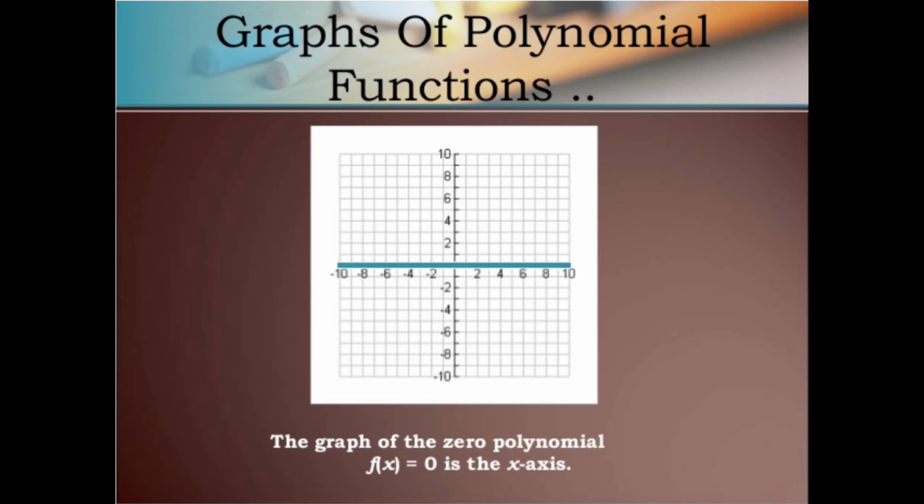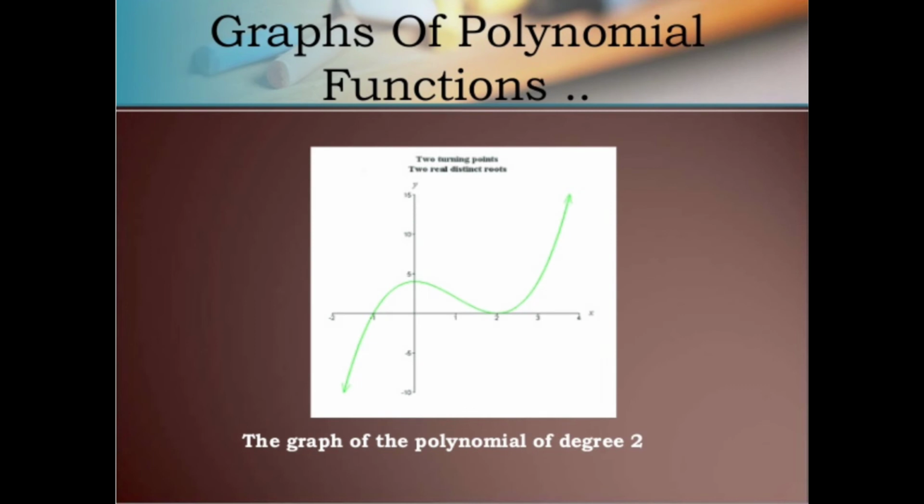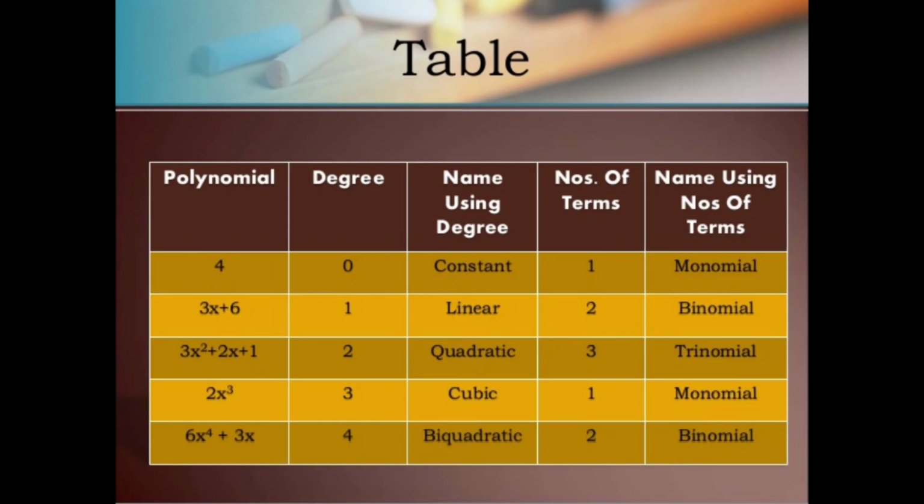The graph of the zero polynomial f of x equals 0 is the x-axis. Graph of a polynomial of degree 2. So these are tables. Polynomial 4: degree 0, name using degree: constant. Number of terms 1, name using number of terms: monomial.